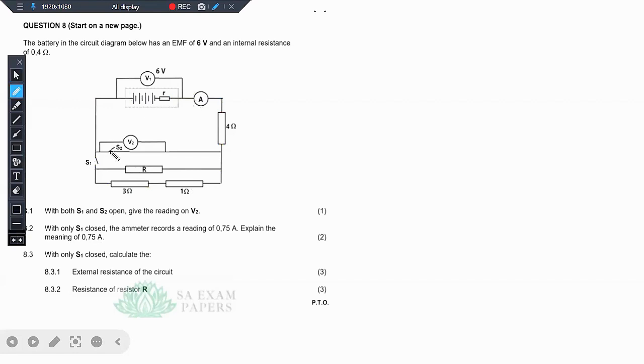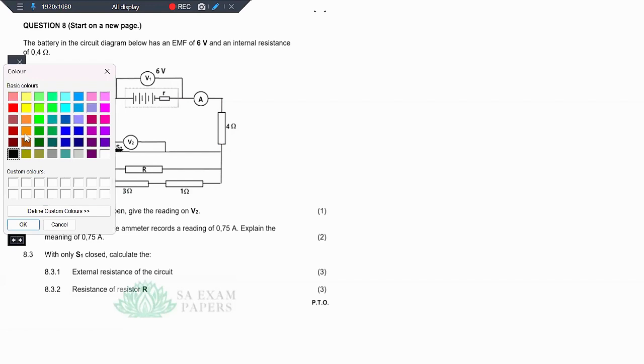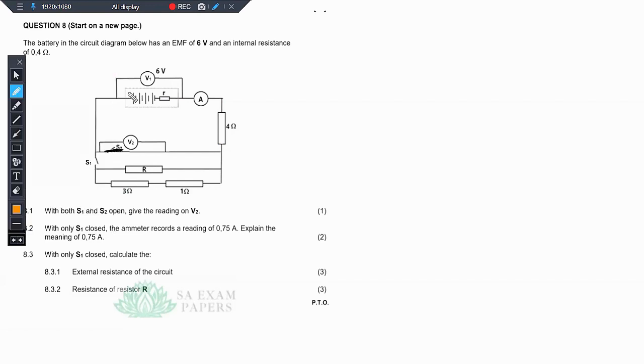So S1 is open and S2 is closed, meaning that current, what happens to the current now? Current now flows in this direction like that. So it can't flow to this part. So all of these resistors are now effectively cut off. Now we only have that resistor in series, right?